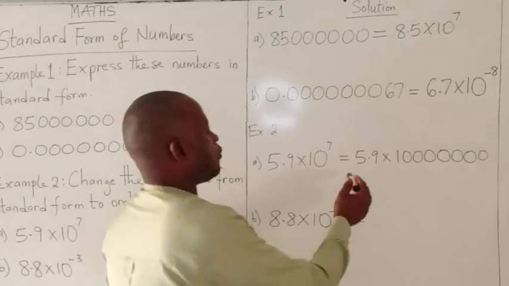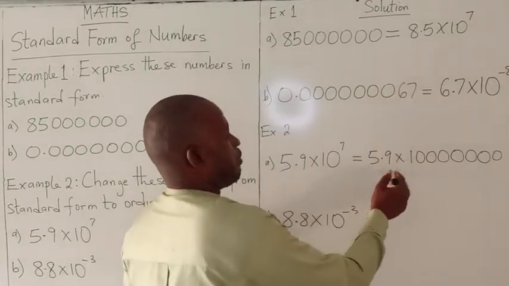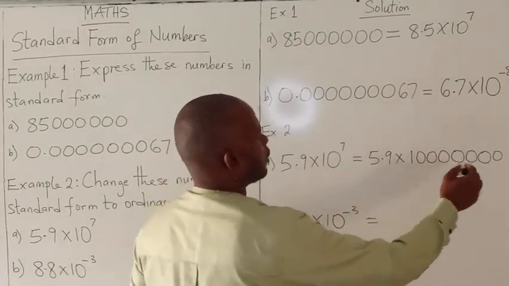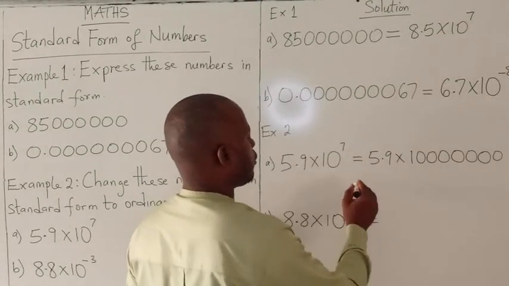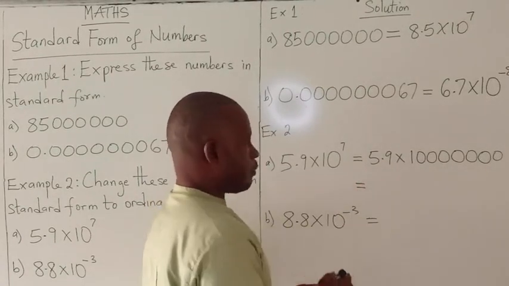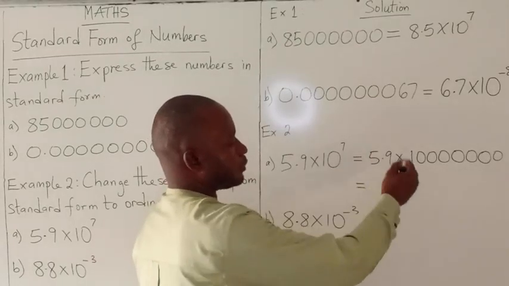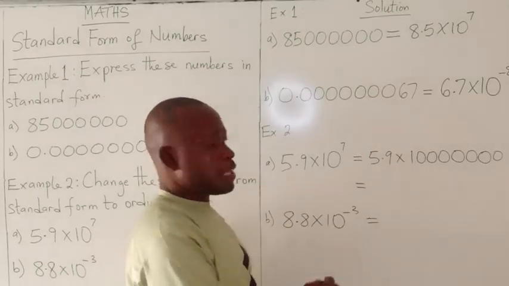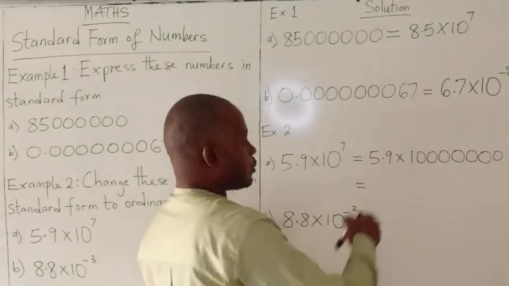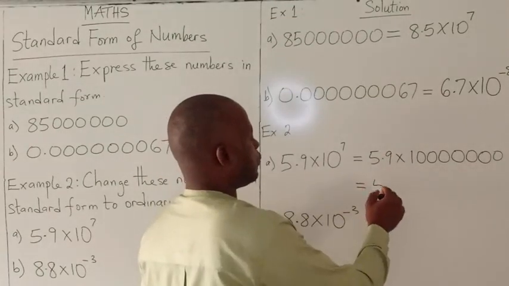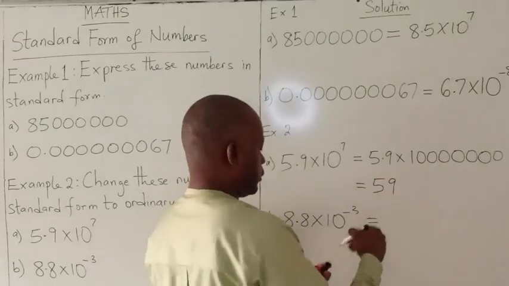When we multiply 5.9 by this number here, 10 raised to the power 7, what are we going to have? This decimal point will be made to move to the right. Do you understand? It moves once and we have 59.